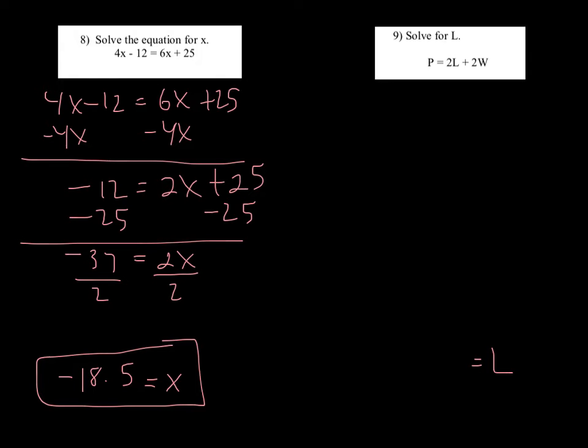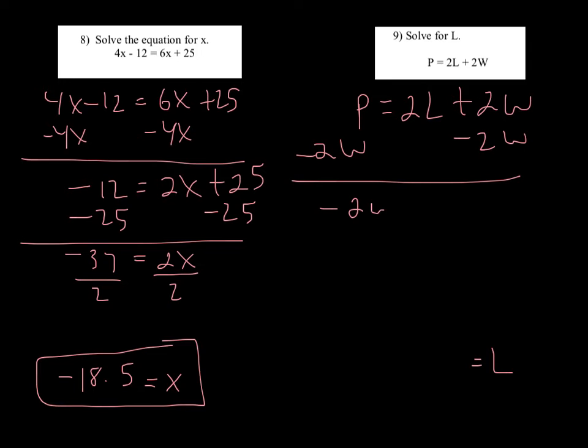Now, when solving for L, I'm going to have P is equal to 2 times L plus 2W. Well, if I want to get L by itself, the first thing I need to do is subtract 2W. So I'm going to get negative 2W plus P equals 2L. Now what I'm going to do is divide everybody by 2.